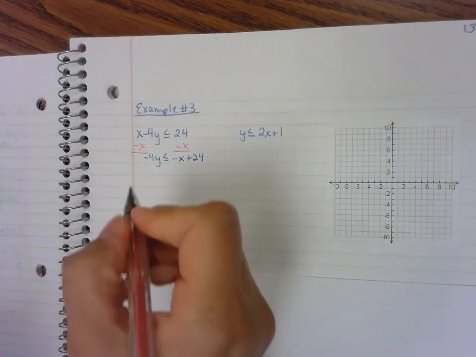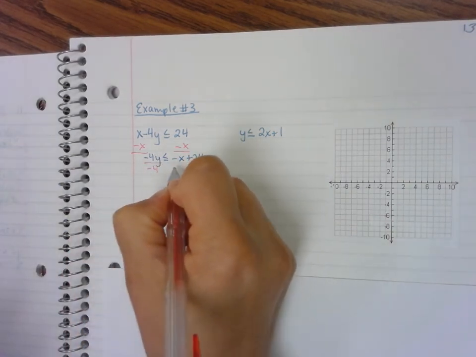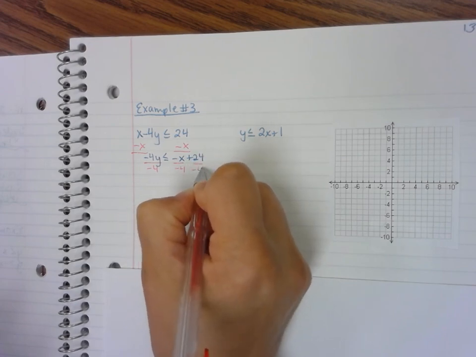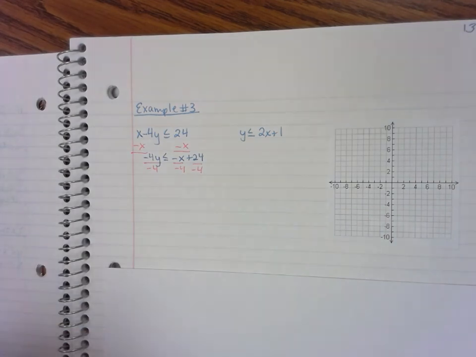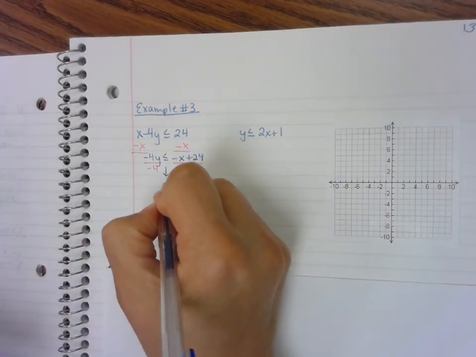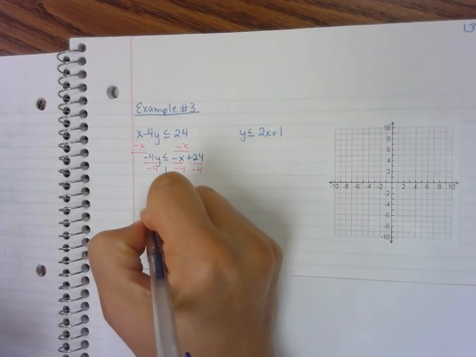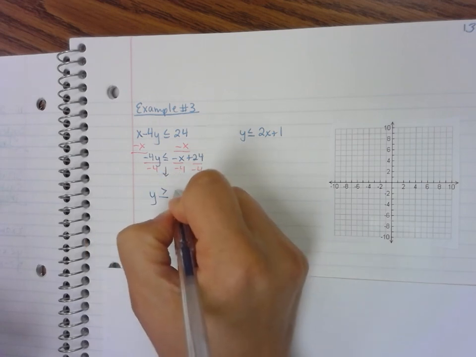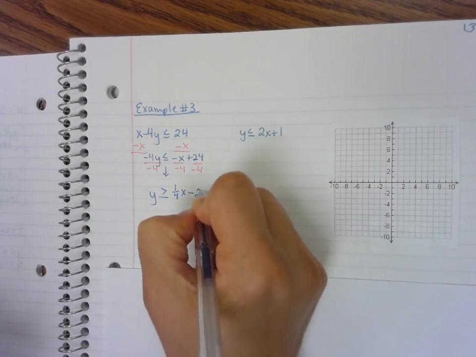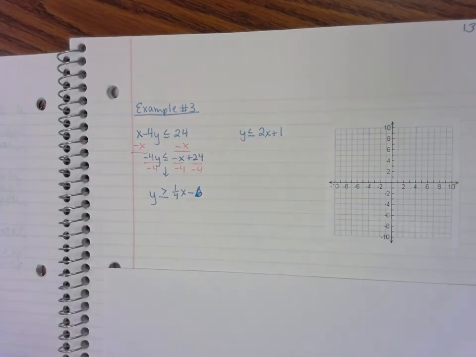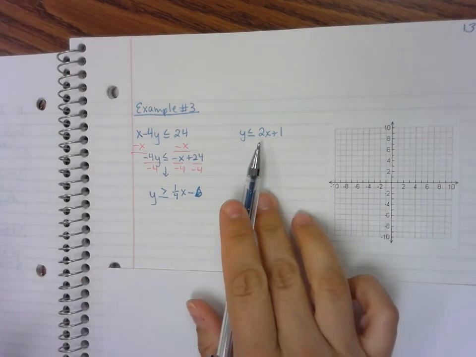Now I'm going to divide both sides by negative 4. And because I'm dividing by a negative, remember that my inequality symbol now changes to greater than or equal to. So y is greater than or equal to negative divided by negative is positive 1/4 x, and then minus 6. This is already in the form that I need it.